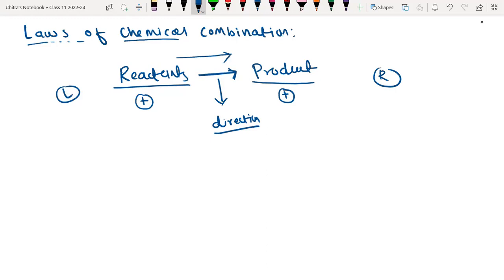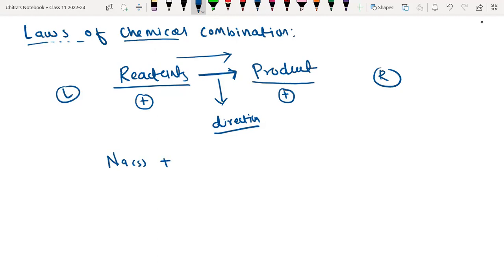This is again very important. Whenever we write the reactants and products, we have to mention their standard states also. Here is one example. Suppose we have sodium in solid state.